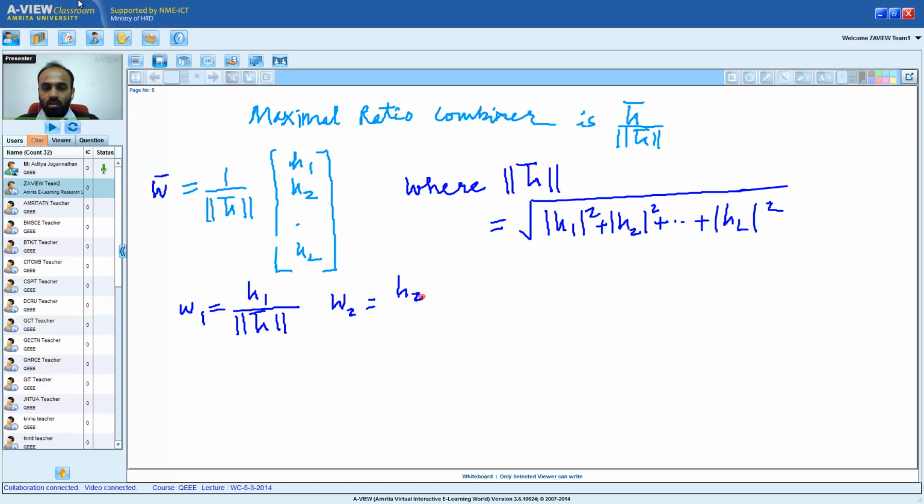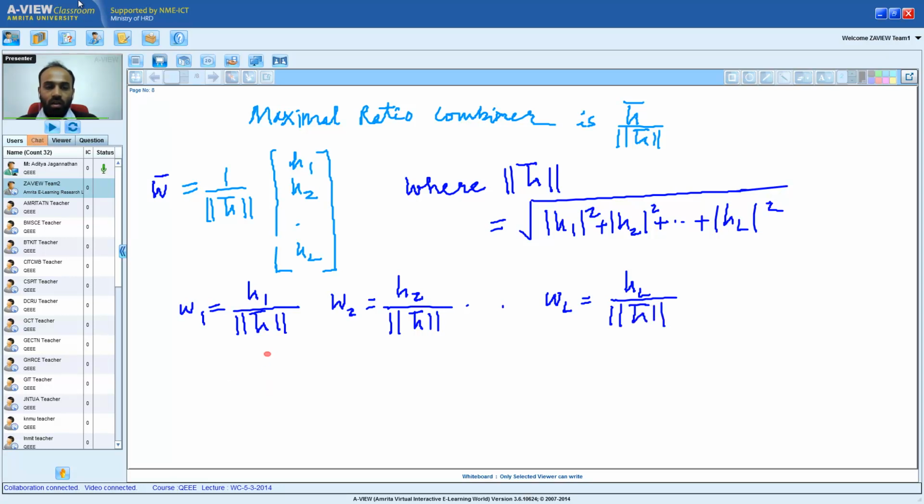W2 equals H2 divided by norm H bar. So on, WL equals HL divided by norm H bar.